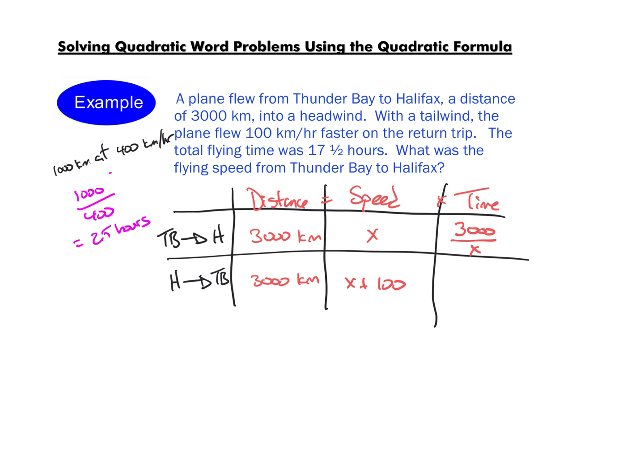And we also know that the total flying time is 17 and a half hours. So we don't know what the time was getting there, but we know that the time getting back will be the total amount of time minus the time it took to get there, which is 3,000 over x.